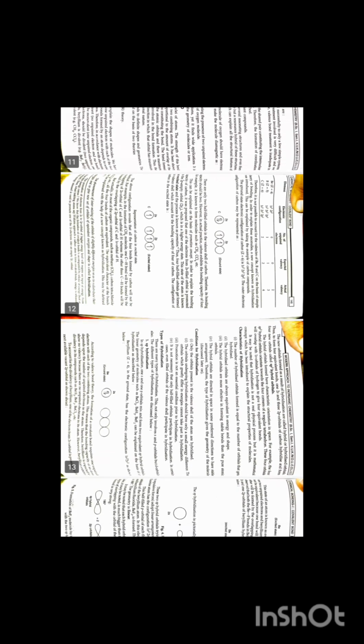Therefore, it is not possible to account for the valencies of beryllium, boron, and carbon on the basis of the simple theory of bonding. In order to explain these anomalies, a new concept known as hybridization was introduced. This can be explained by taking the example of carbon compounds. The ground state electronic configuration of carbon, having atomic number 6, is 1s2, 2s2, and 2p2.